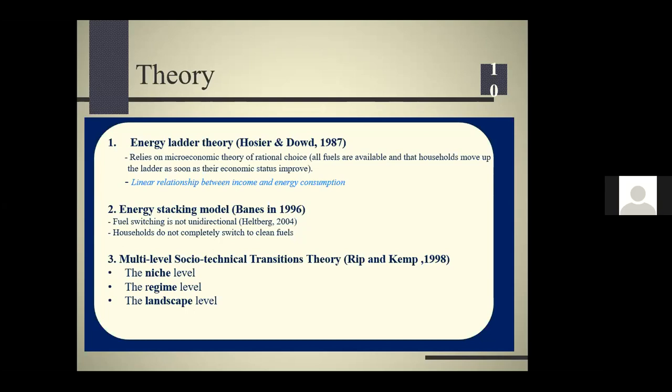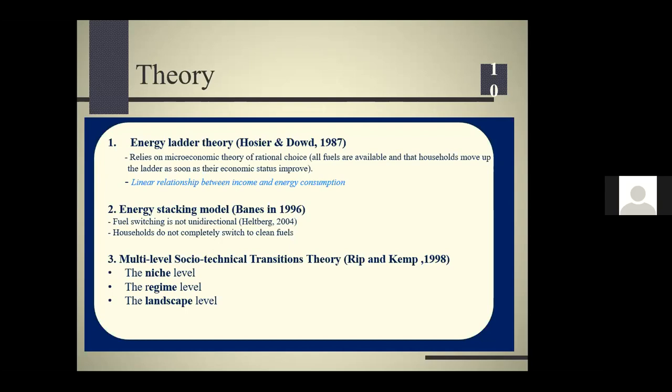But also we notice that in the energy ladder, fuels are ranked, such that probably electricity and LPG are superior to biomass and plant residues. And this could be based on the efficiency, the cleanness and convenience. But the idea that there is a linear relationship between income and energy consumption, this is where the issue is.